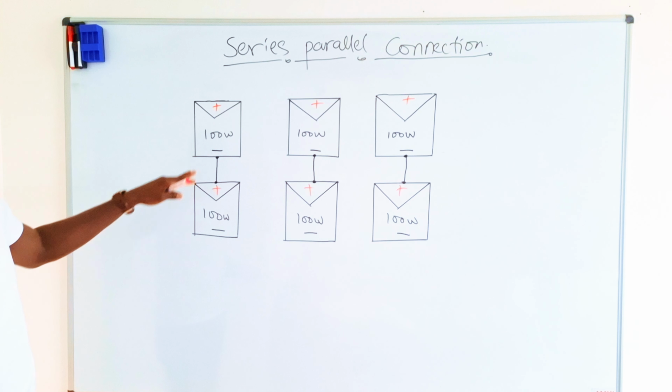So if we have 100 in series and this panel we have 200, if you measure here and this negative terminal, we shall have, okay, let us say, if you measure here, a negative and a positive, okay, this is positive, this is negative.